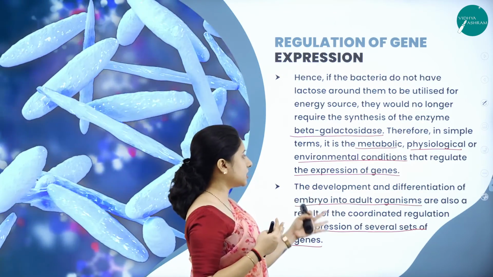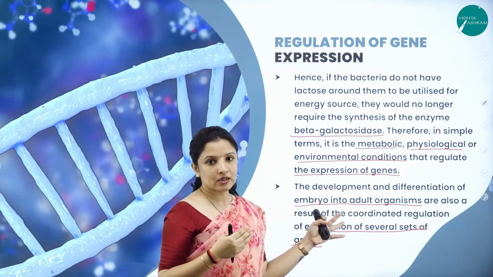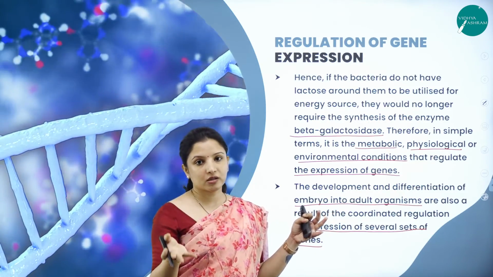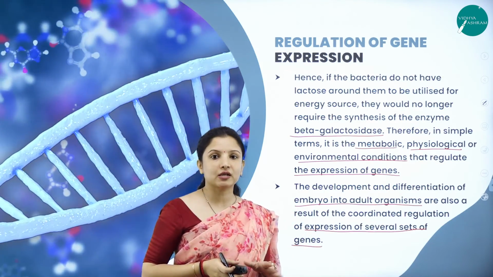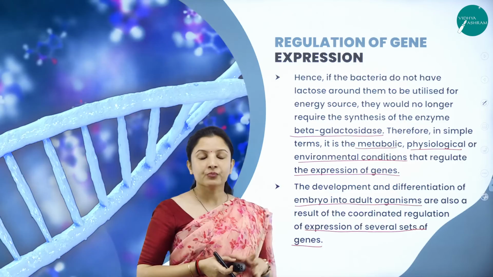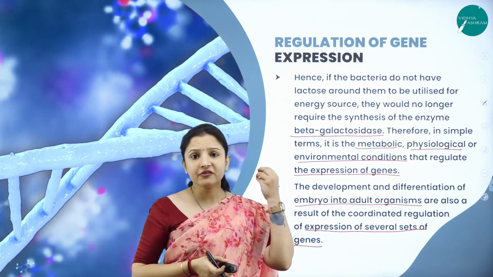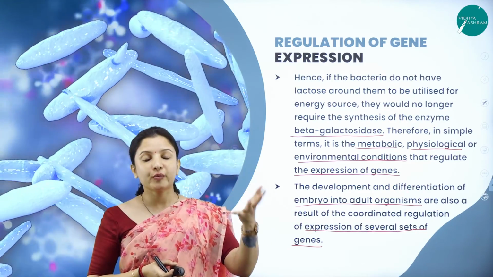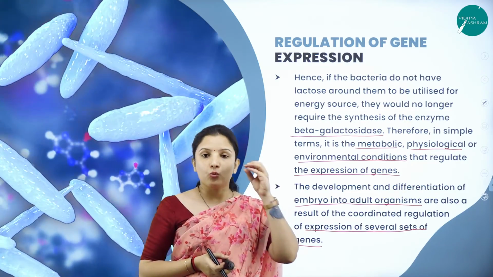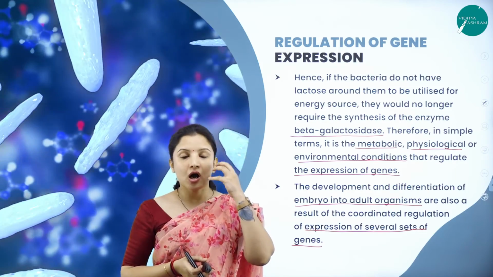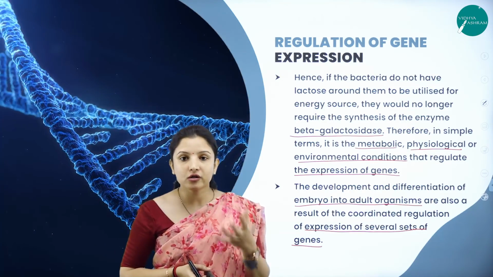One more example that we had taken is how an embryo gets converted into an adult. Do you think that only cell division is enough if an embryo has to get converted into an adult? No. How many fingers have to get formed, how many toes have to form, what the skin texture should be, how big the eye should be, how the organ should look like, how the organ should function.